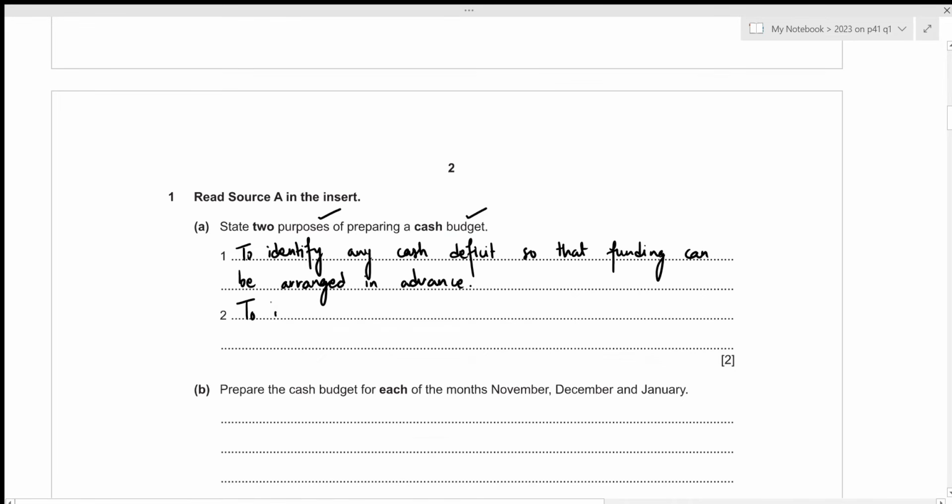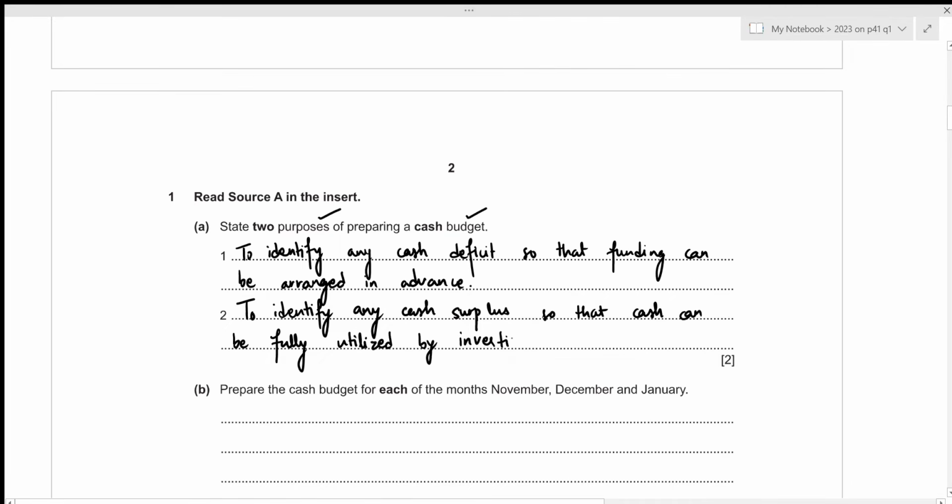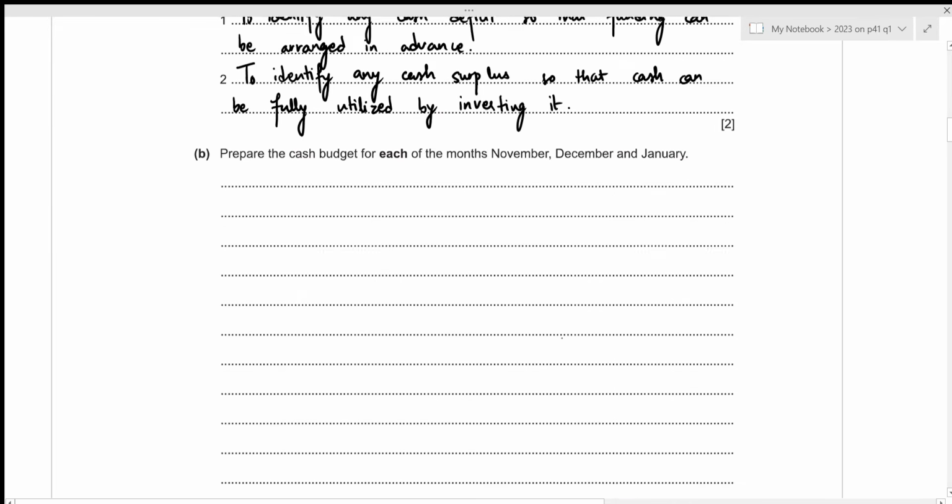The second one is to identify any cash surplus so that cash can be fully utilized by investing it. Okay, that's all for the first part. Let's move towards the second one.